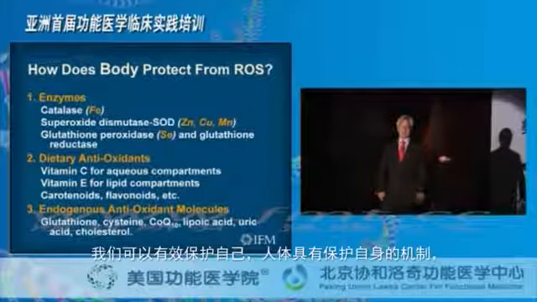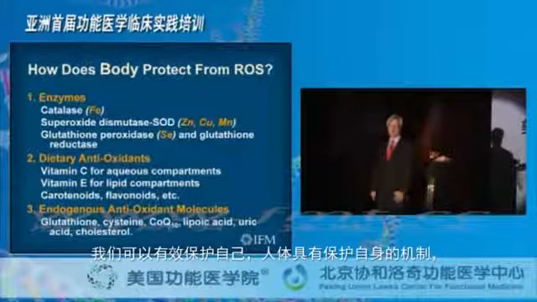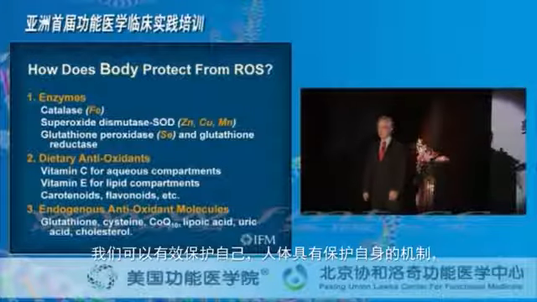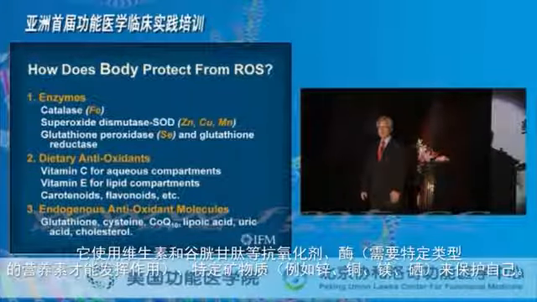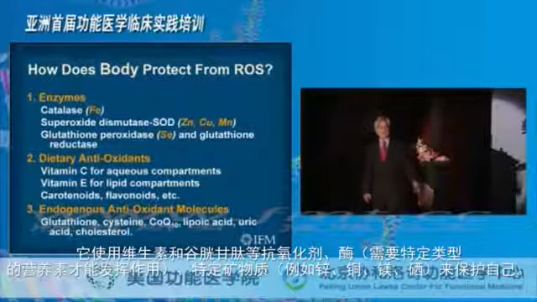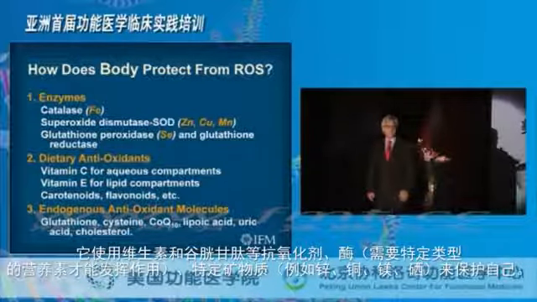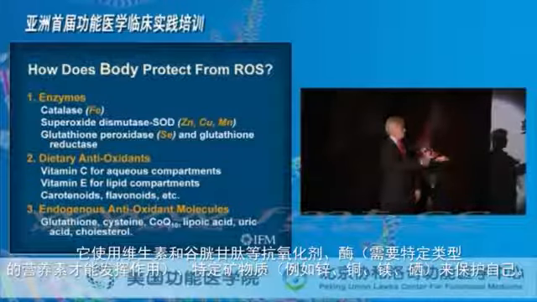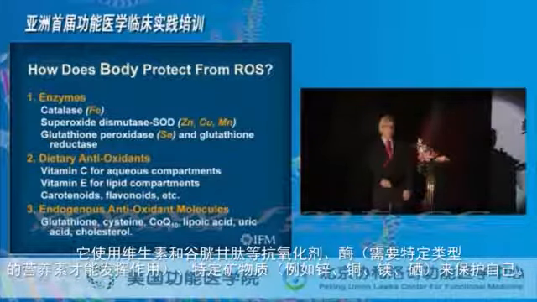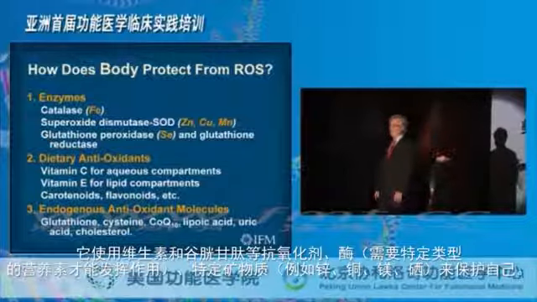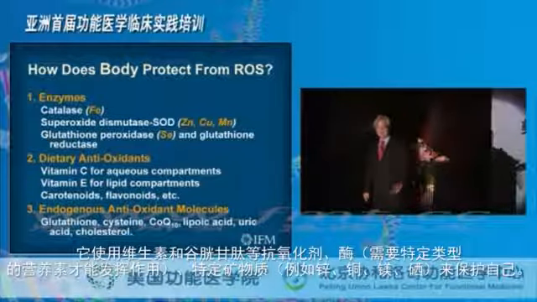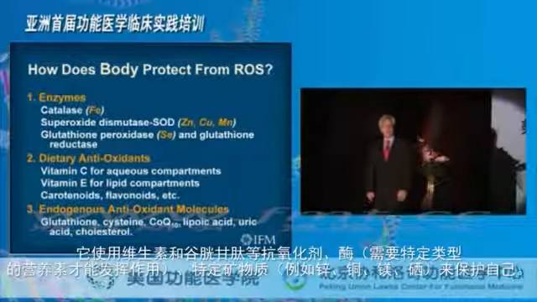We can protect ourselves. The body has mechanisms to protect itself. It uses antioxidants like the vitamins and glutathione. It uses enzymes. These enzymes require specific kinds of nutrients in order to work. Specifically minerals like zinc and copper and manganese, selenium.